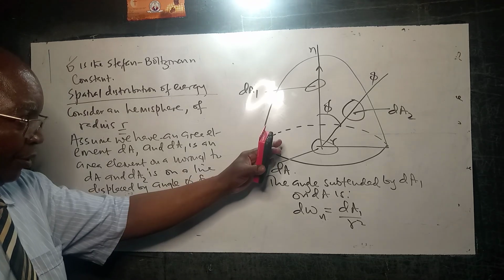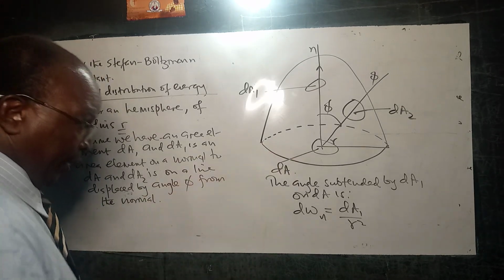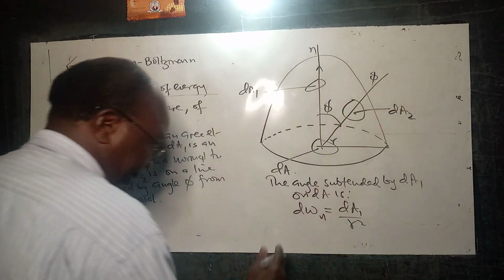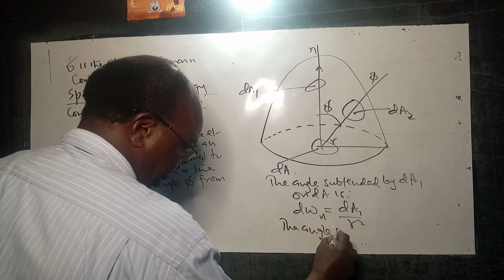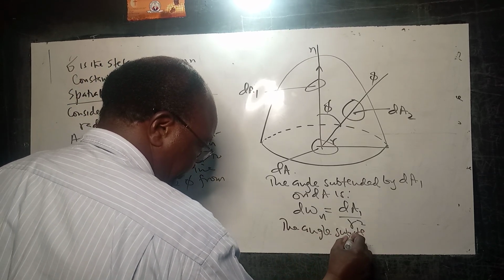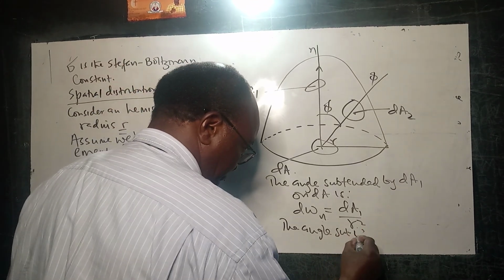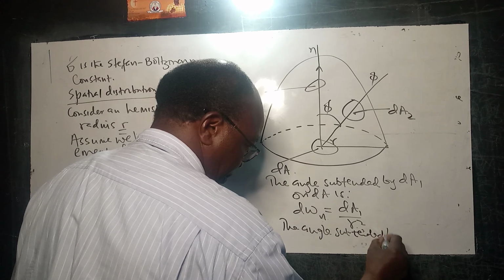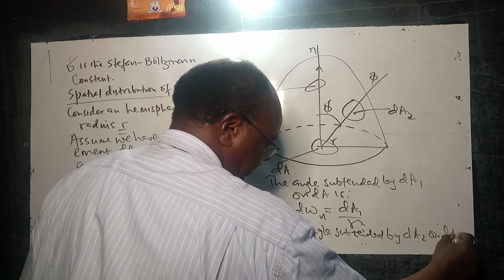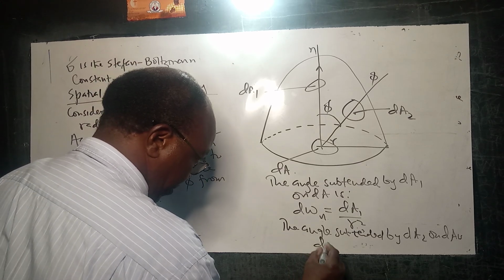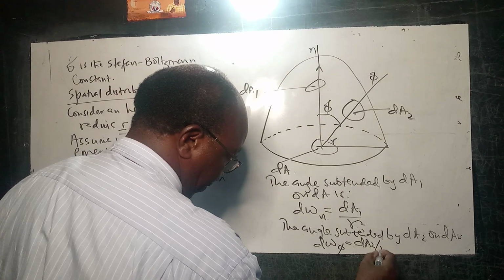Similarly, the angle subtended by the area element dA2 on dA will be given by dA2 over r squared. So the angle subtended by dA2 on dA is d omega phi equals dA2 over r squared.